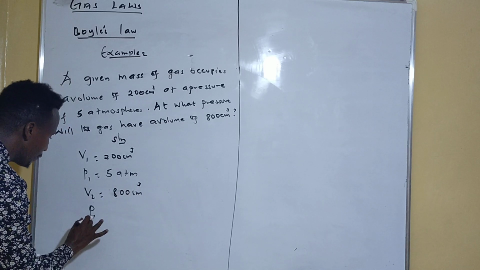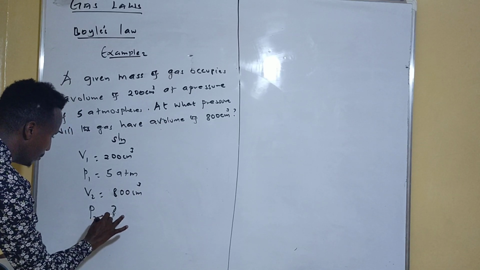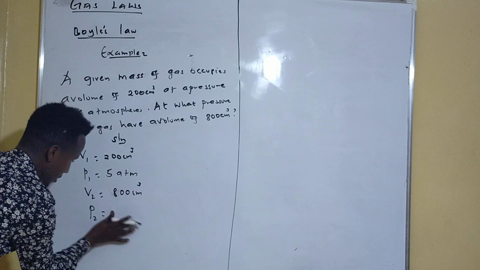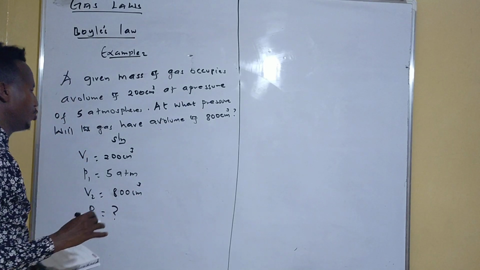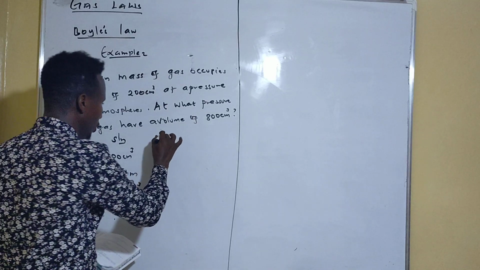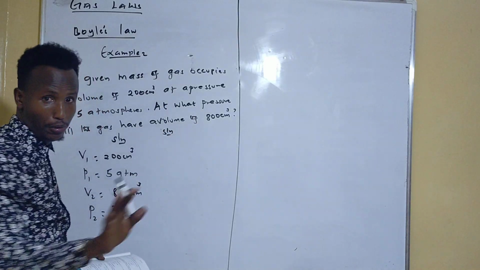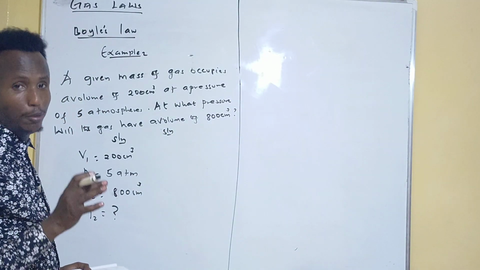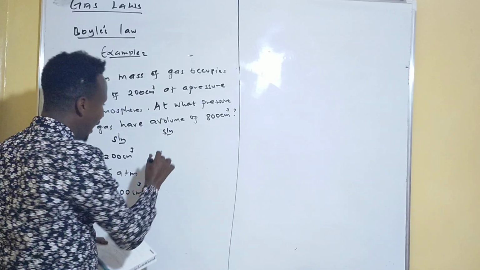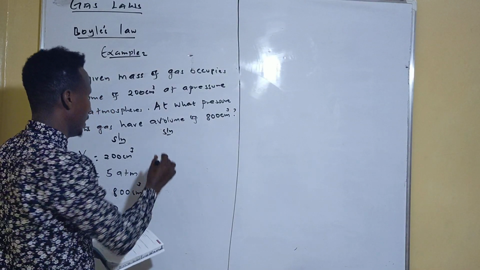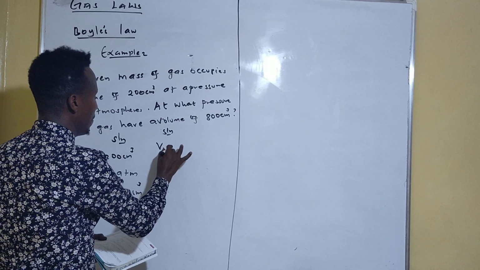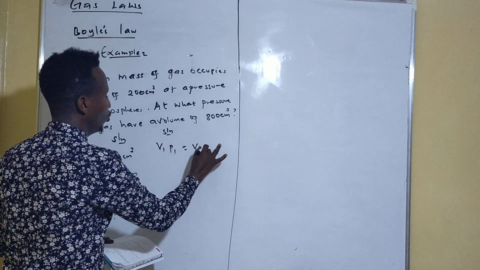Then we don't have P2. P2 is under question mark. But remember, there's no temperature here, so this is Boyle's law. As far as Boyle's law is concerned, V1 P1 is equal to V2 P2.